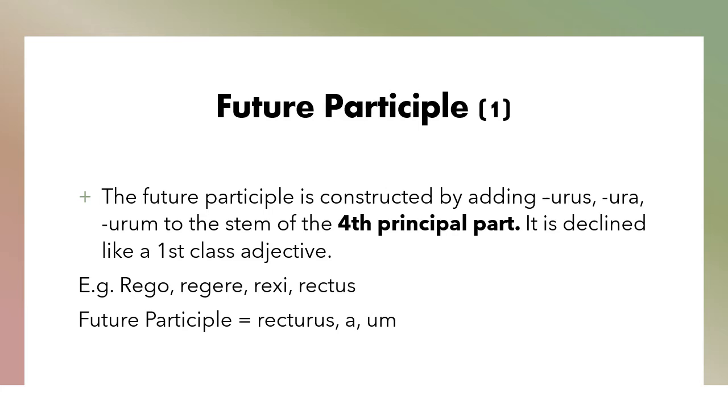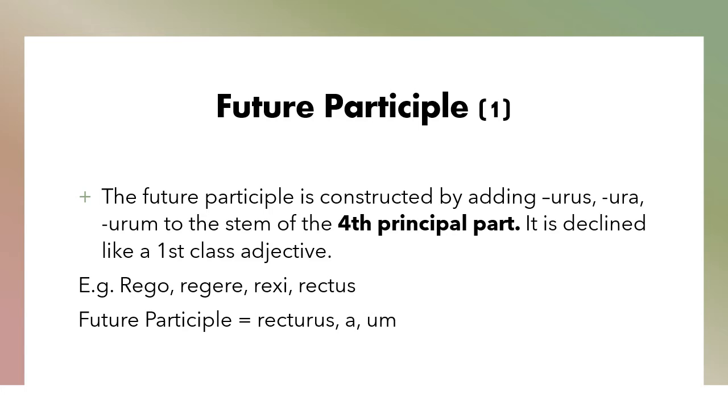So if we take rego, regere, rexi, rectus, which means to rule, it's a third conjugation verb, we take the fourth principal part, rectus, and we add urus, ura, urum. And so the result is recturus, rectura, recturum.